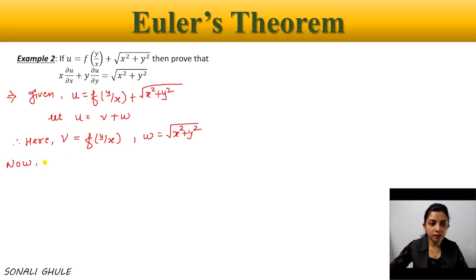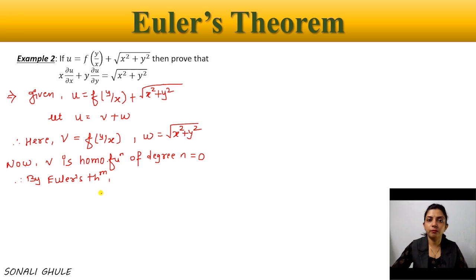So here v is a homogeneous function of degree n equals 0. Okay. Therefore, by Euler's theorem, what can I write?